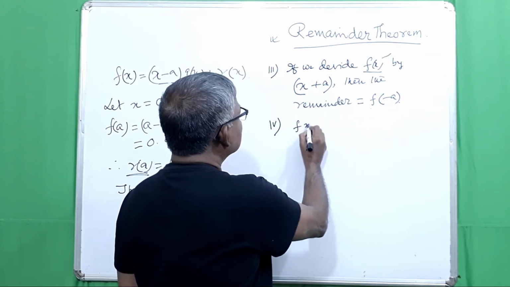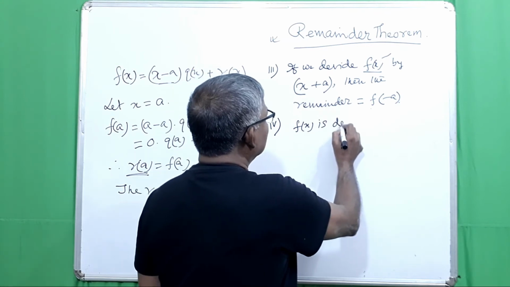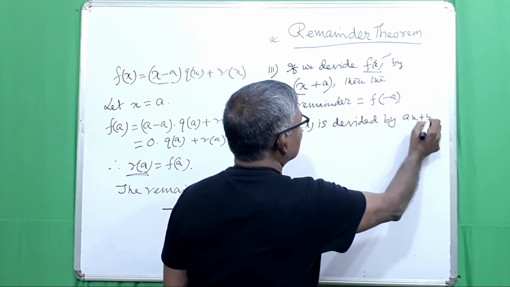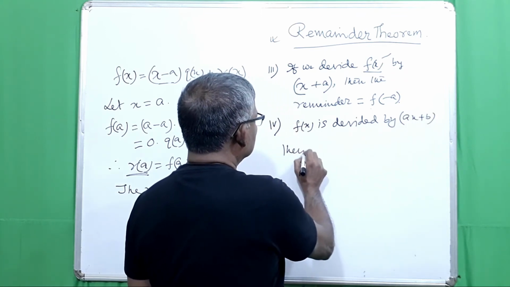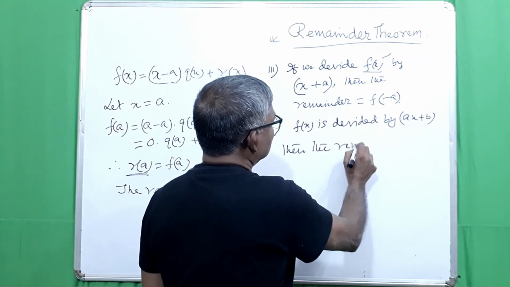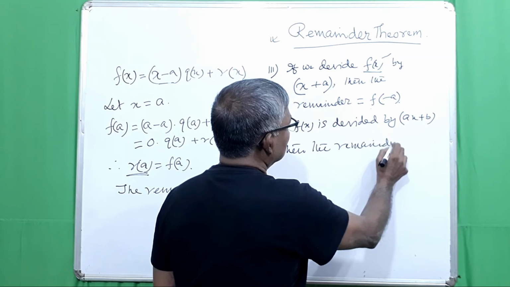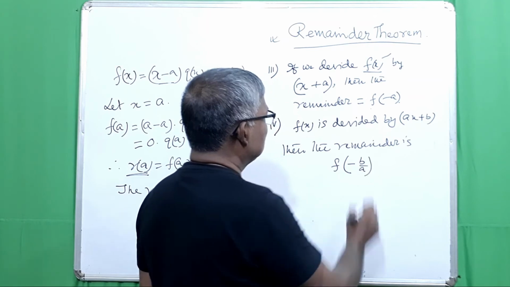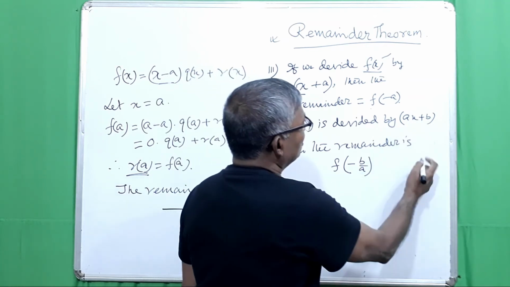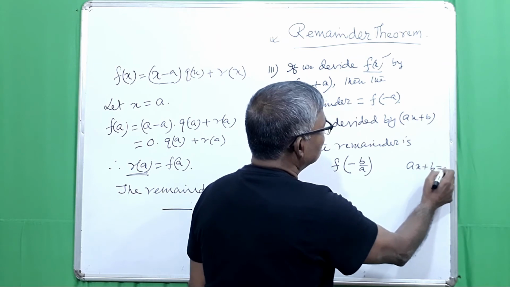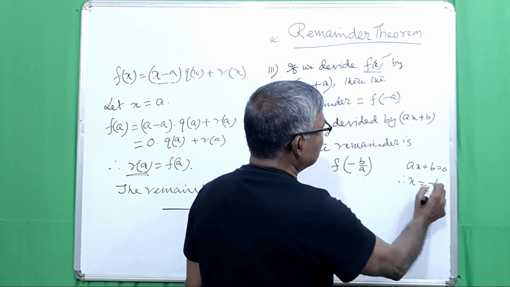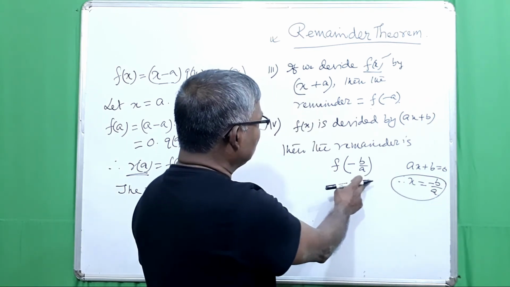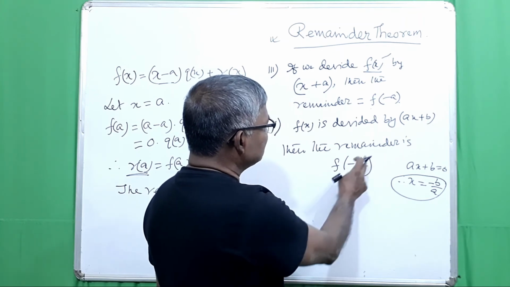Suppose f(x) is divided by ax plus b, then the remainder is f of minus b by a. Students, we simply put ax plus b equal to 0. Therefore x equal to minus b by a. Here we get x equal to minus b by a. So what would be the remainder? That is f of minus b by a.